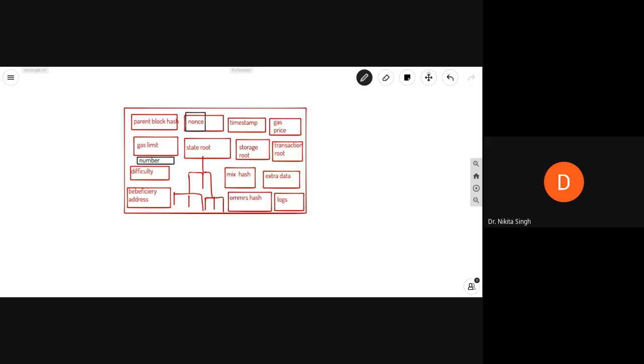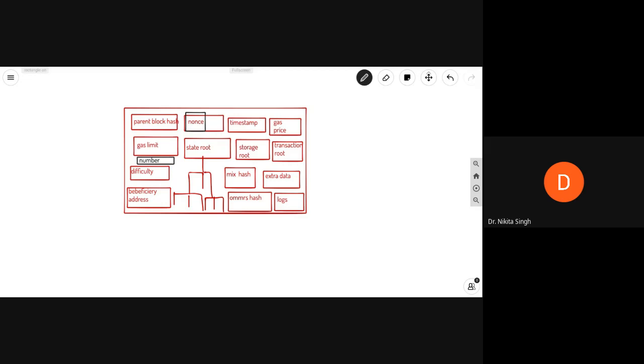So if you look at this field called logs, a log entry means that Ethereum allows you to have logs to make it possible to track various transactions and messages.